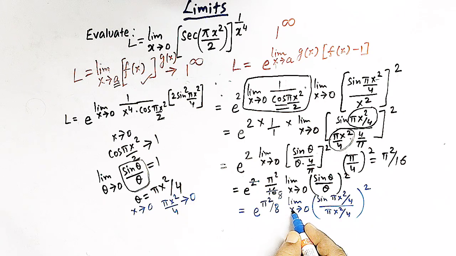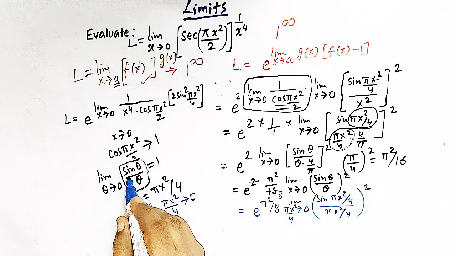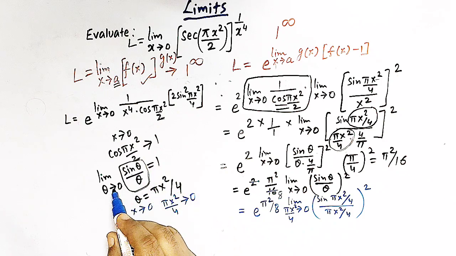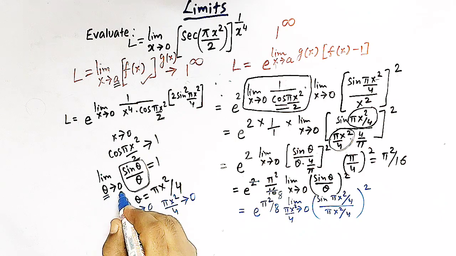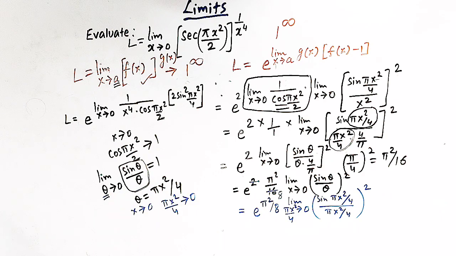So we can now replace this theta by pi x square over 4, because this limit, that is theta tends to 0 sine theta over theta, is equal to 1. It is valid only when this theta tends to 0, and here we have theta, and here also we have theta. So here we have pi x square over 4, here we have pi x square over 4.